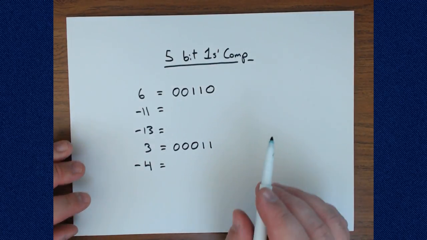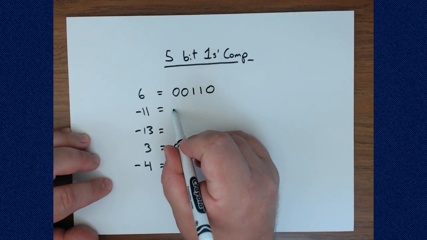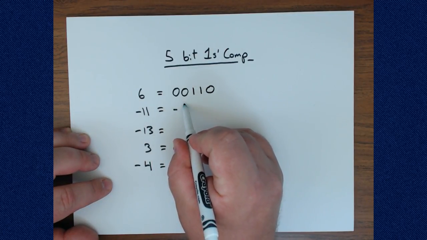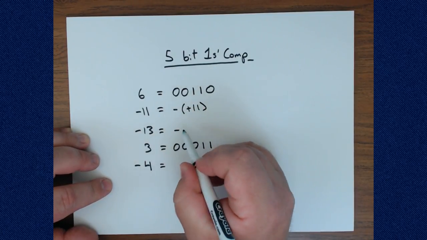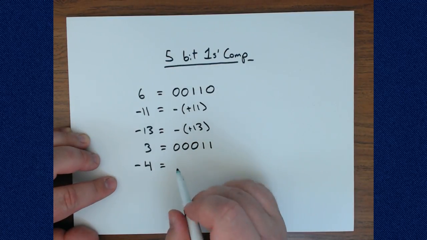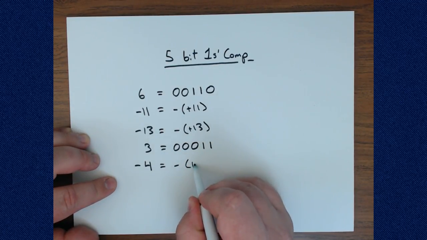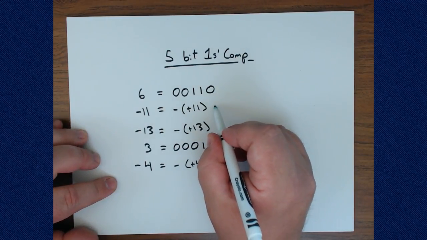So the safest thing we can do is understand that negative 11 is really the equivalent of the negation of positive 11. And negative 13 is really the negation of positive 13. And negative 4 is really the negation of positive 4.